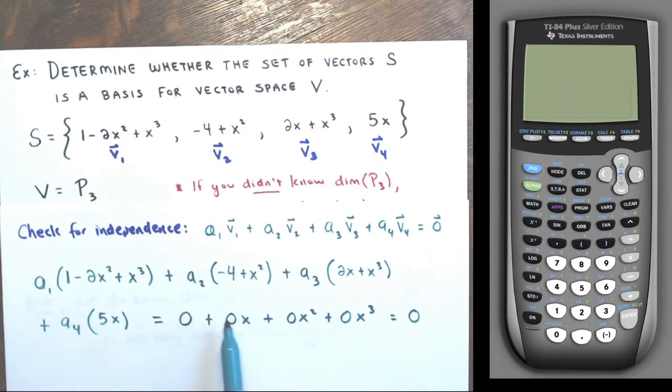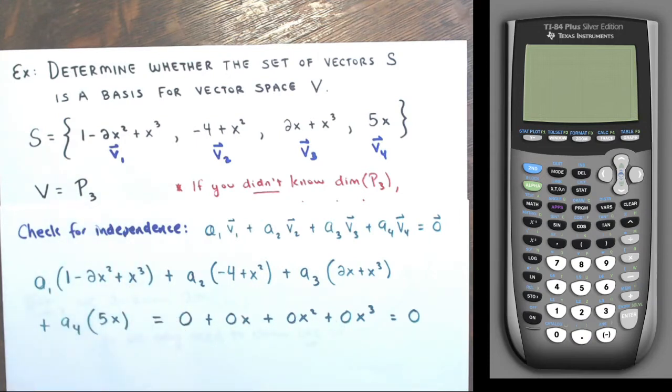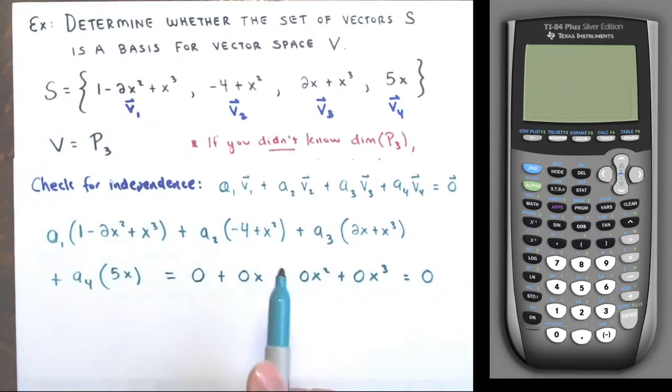I'm just writing it in the same form, but that's just 0. And we use the way scalar multiplication and vector addition are typically defined for polynomials, the way you normally add and multiply polynomials by numbers.